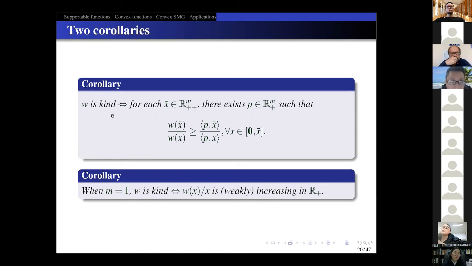That is, a cooperative function W is kind if and only if there is a vector P such that this function W grows faster than the linear function determined by the vector P. That is, for all x smaller than x bar, the ratio W(x bar) divided by W(x) is greater than or equal to the inner product between p and x bar divided by the inner product between p and x.